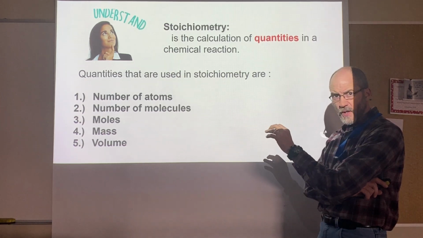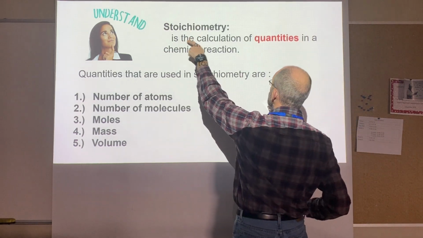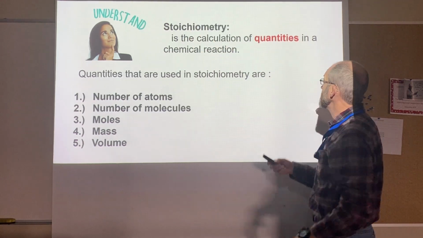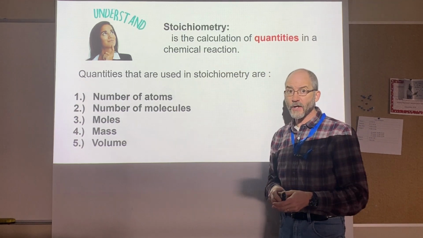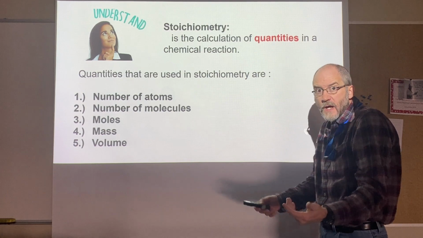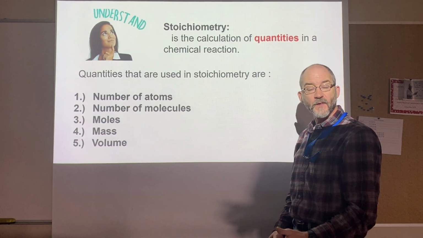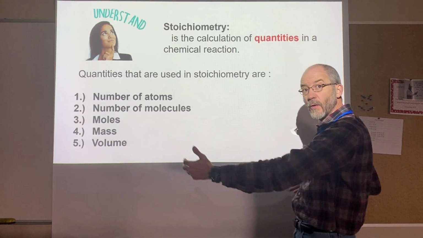Now, let's just make sure we understand every time what is stoichiometry. Stoichiometry is the calculation of quantities in a chemical reaction. Now, let's not forget there is more than one type of chemical reaction, and those chemical reactions are signified by balanced chemical equations.